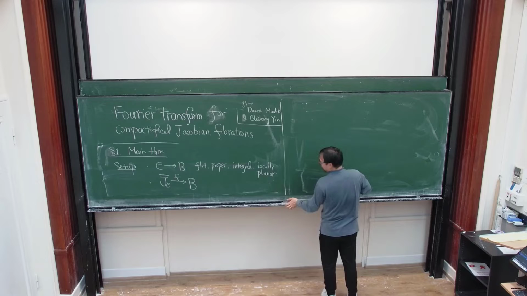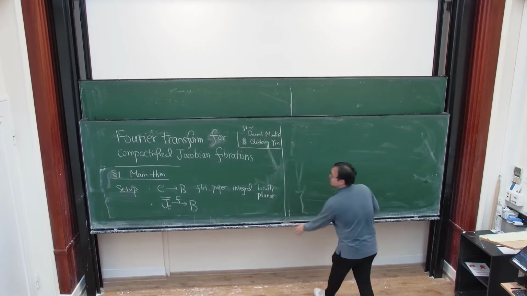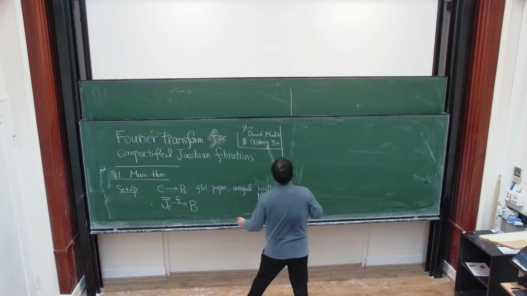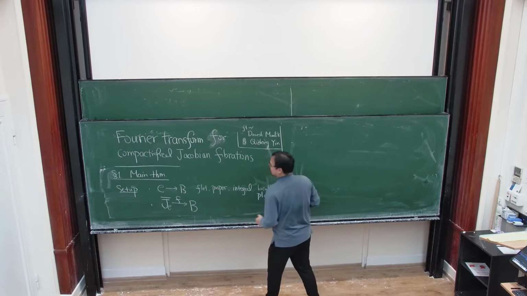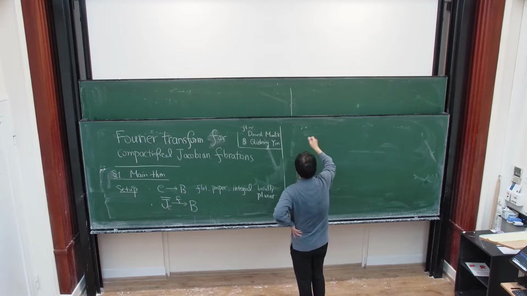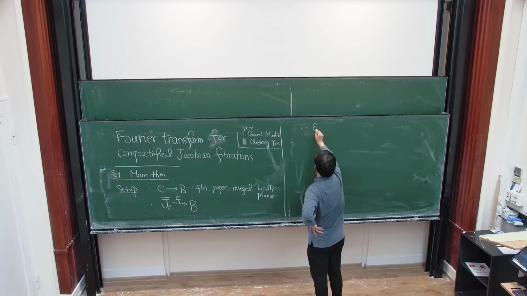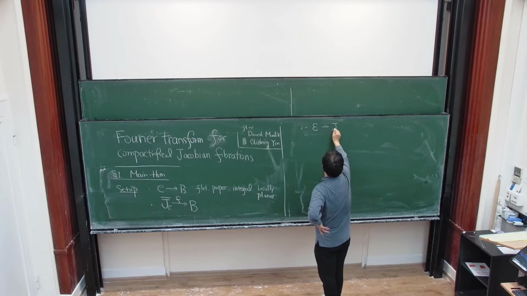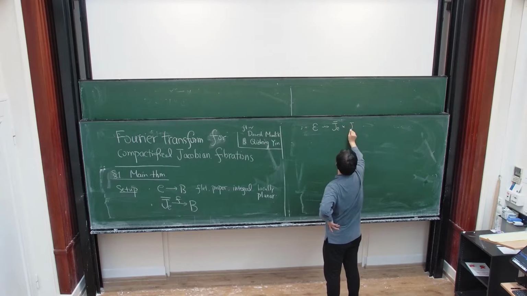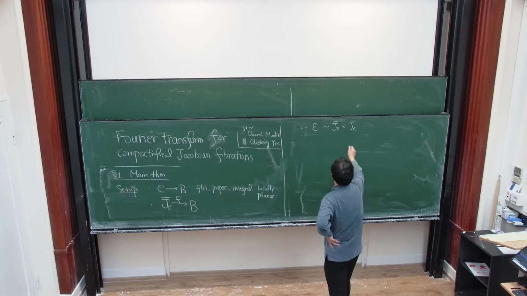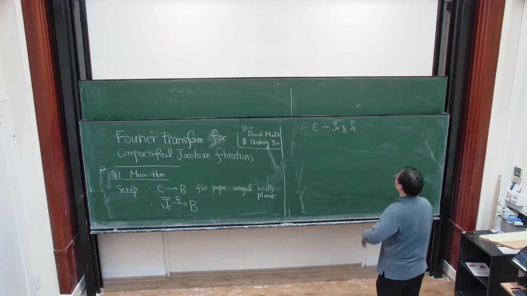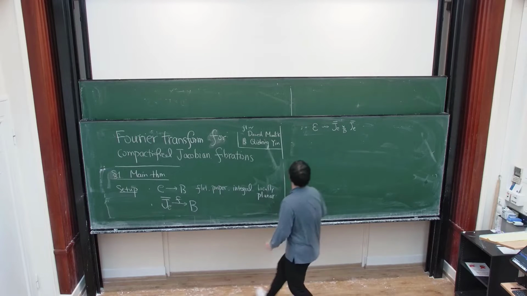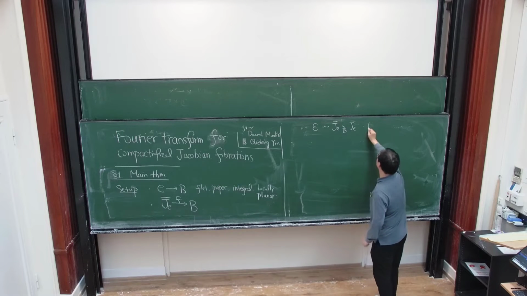Okay, so this is the same as the setup in Davesh's talk, and at the end of his talk, he mentioned that there is a universal family which induces the derived equivalence, which I will recall.